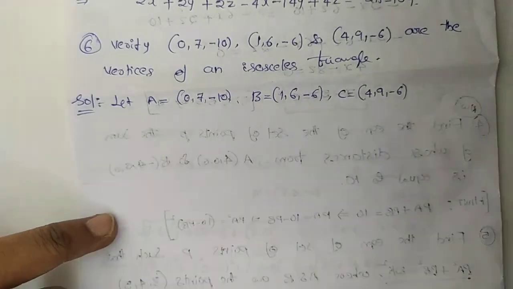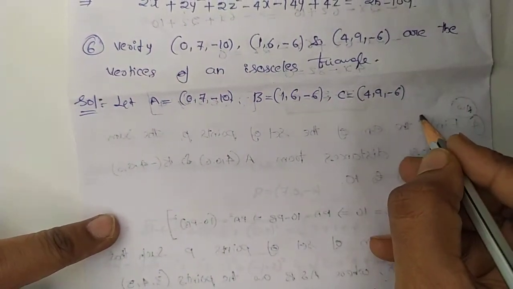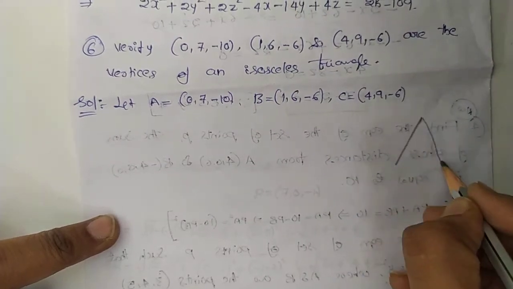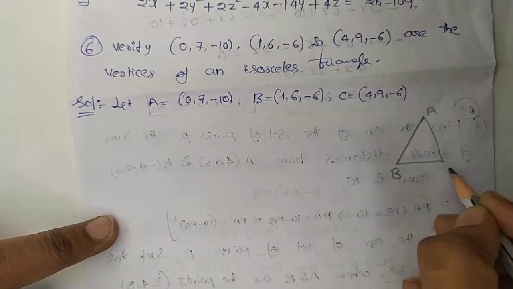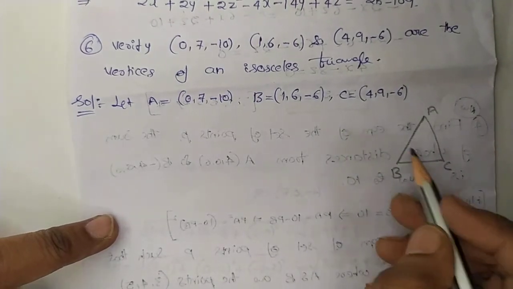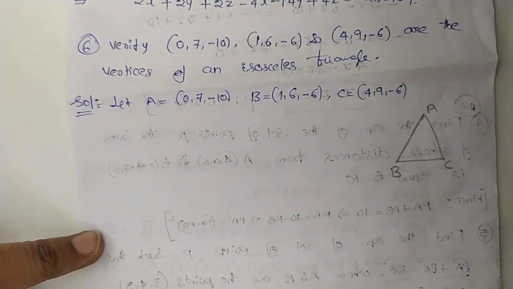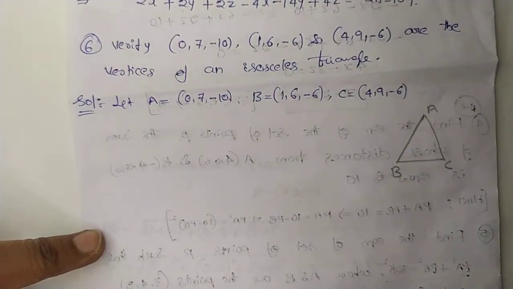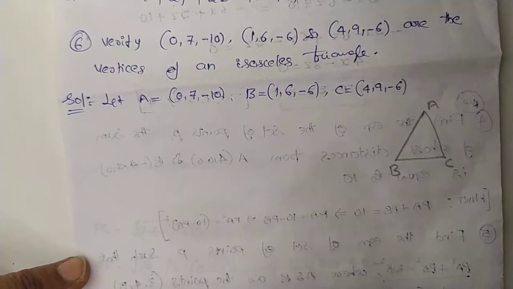Just imagine an isosceles triangle, how it will be: A, B, C. We have to verify that any two sides of the triangle are equal. Then we can say that the given vertices form an isosceles triangle.